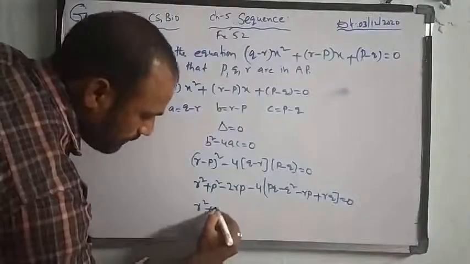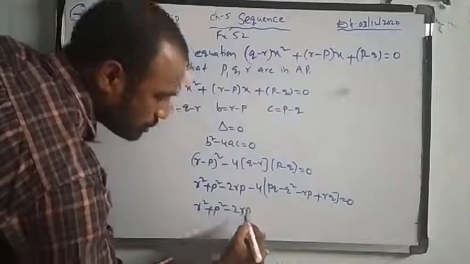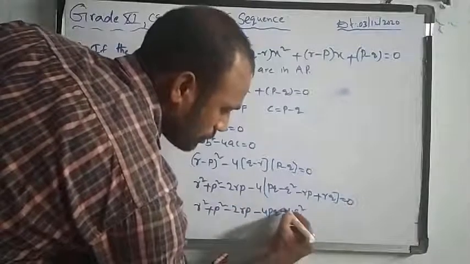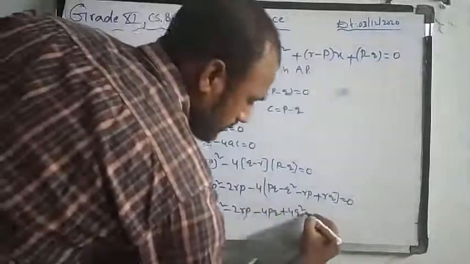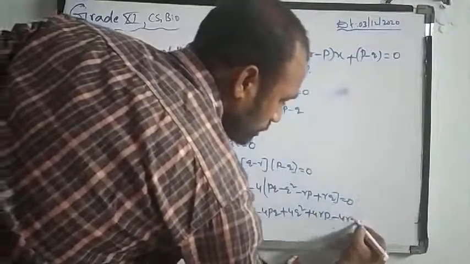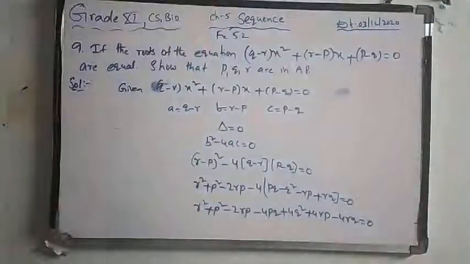So r square plus p square minus 2rp minus 4pq minus 4q square plus 4rp minus 4rq is equal to 0.